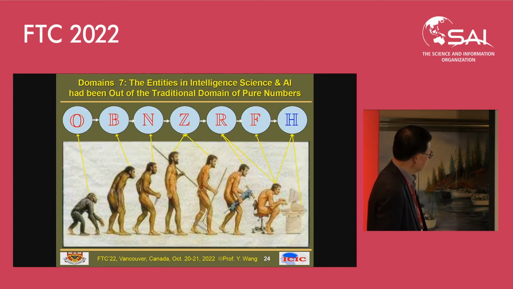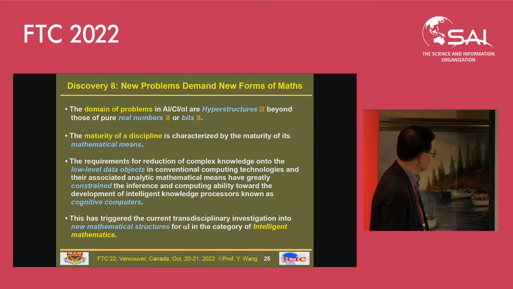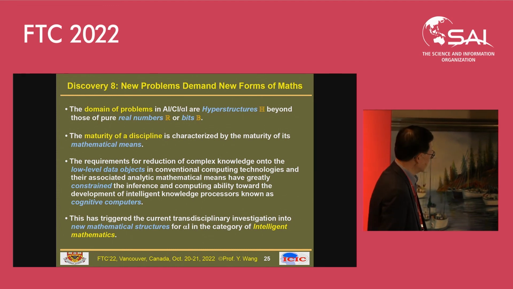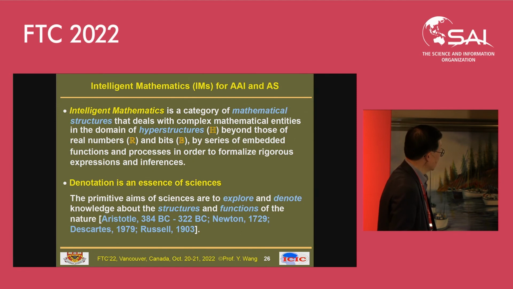And so you see the discovery is our representation power for human data types. Actually, from no data type, to binary, to we've stayed in the real domain for too long, but now you see that it is extended to hyperstructures. And we see that all the problems that remain hard problems in AI are actually already out of our domain of mathematical capability.